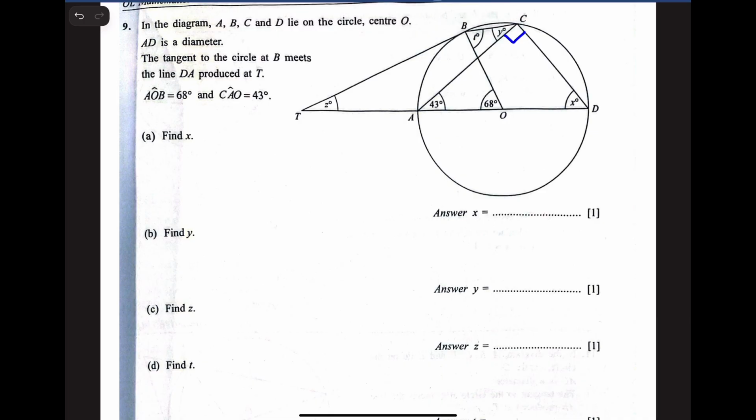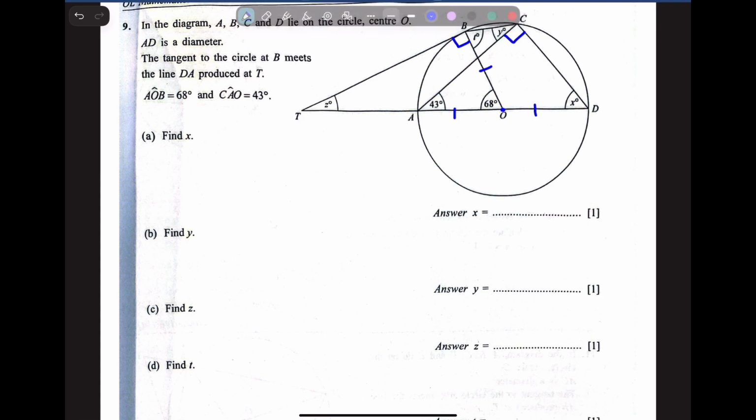The tangent to the circle at B meets the line DA produced at D. So this is a tangent. Let's first mark the radius, all lines originating from the center. So this is the radius, radius, radius. Now radius and tangent make a 90-degree angle. So this is 90. Let's mark this as well.